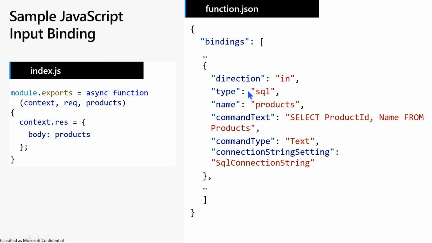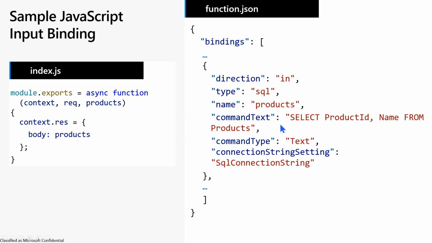For the function.json file, this is where our bindings definition is. So we'll have the direction for the input binding, as well as the type of binding, which is SQL. The name in this definition is the name of the attribute that's being passed to our script function. So in this case, it's named products, and we have a products parameter going into that function.